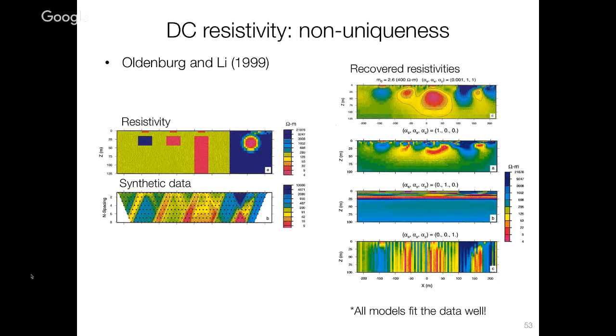On the other hand, if you say things should be smooth in the vertical direction, then alpha Z is equal to 1, and now you get something like that. So by working with these coefficients, you can get dramatically different results. We weren't able to show that with the linear problem in the app, but those things will happen. And as I said, all these models fit the data well.